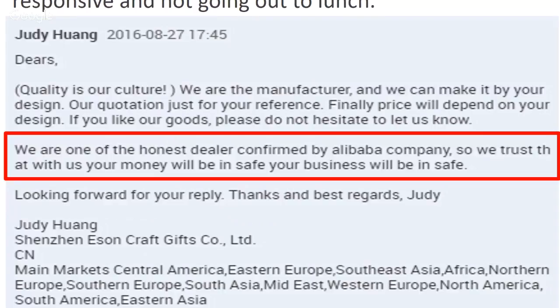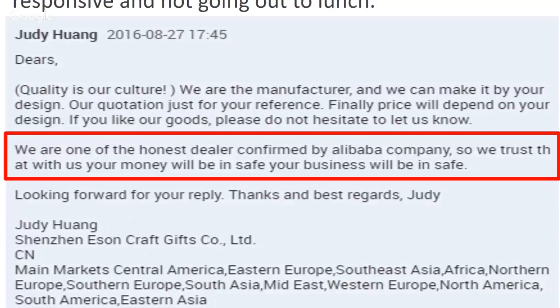Our quotation, and this is very, very Chinglish, a Chinese English mix. And again, you're going to have to get used to the way they write and communicate. Our quotation, just for your reference, final price will depend on your design. Obviously, if I'm going to change things around, this is going to affect the pricing somewhat. If you like our goods, please do not hesitate to let us know. So that was pretty good English, in my opinion. Okay, but it's given me some good information.